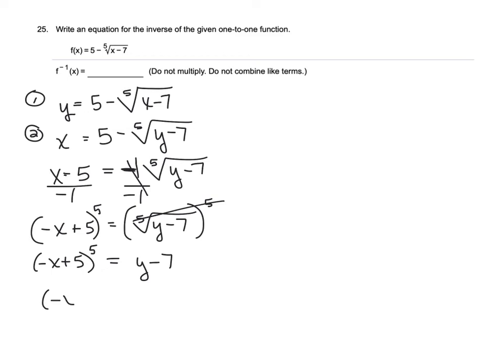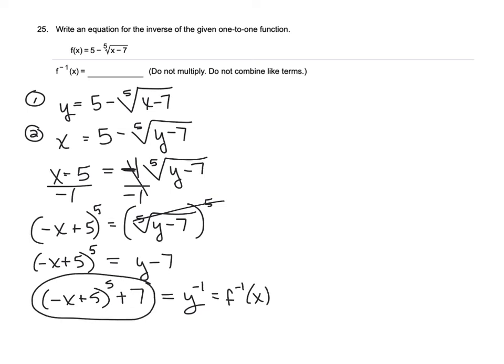So that would be -x plus 5 to the 5th plus 7 equals y. Okay, that's your inverse function. This y is now a new y, so you could write it y inverse, or you could label it f inverse, since it's the inverse function of the original f. But this is what they're going to want you to type in for your answer.